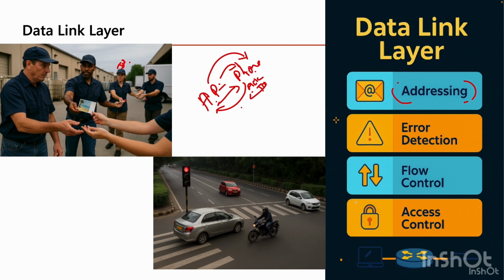Access control. Okay. When you want to transmit data in Wi-Fi or Ethernet, we have to make sure that we don't collide with any other data packet. It is something like our Indian traffic system. You look left and right. If there are no vehicles coming, you just zoom out, right?